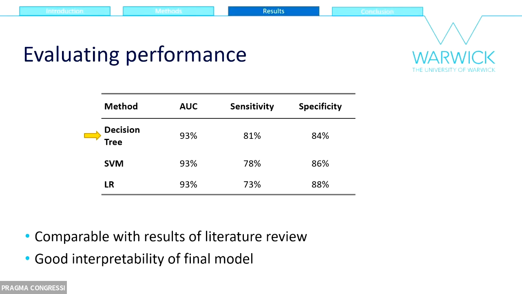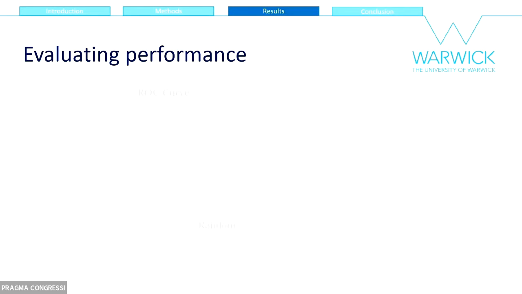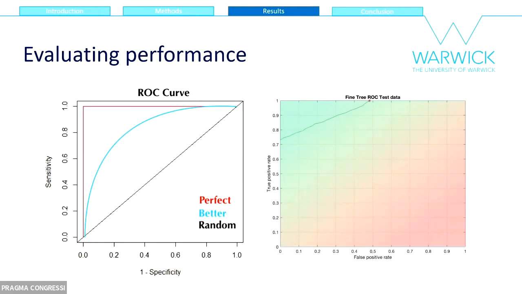And we compared this to the results of the literature review and found that it was comparable, and there was good interpretability of the model that we chose. So here's the receiver operator curve for the decision tree model, and in the top left you can see this is where our model falls, and this is where you typically have the best performing systems.